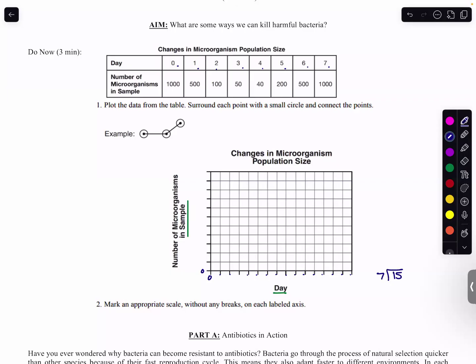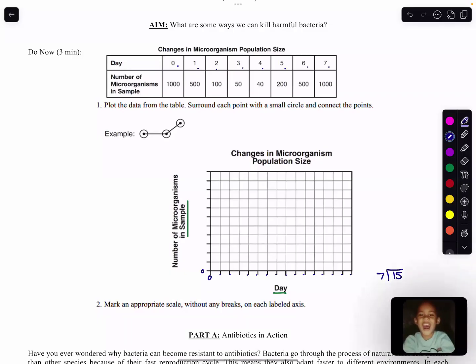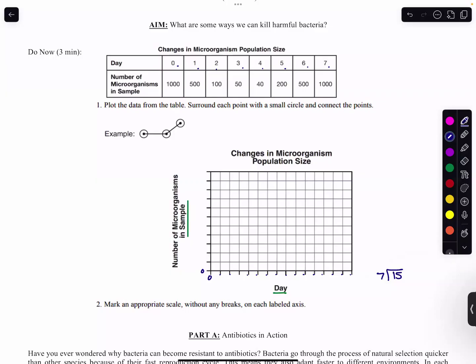Now I know that 7 and 15 are not best friends, but they're friends. I know that 7 and 14, however, are best friends. And I know that 7 goes into 15 twice. So for every 2 hash marks, I'm going to mark off as 1. So this is effectively going up by 0.5, right? So we have 0, 0.5, 1, 1.5, 2, 2.5, 3, 3.5, 4, 4.5, 5, 5.5, 6, 6.5, 7.